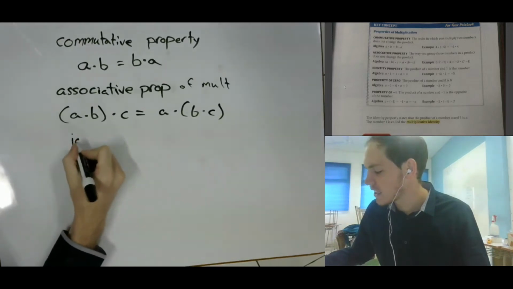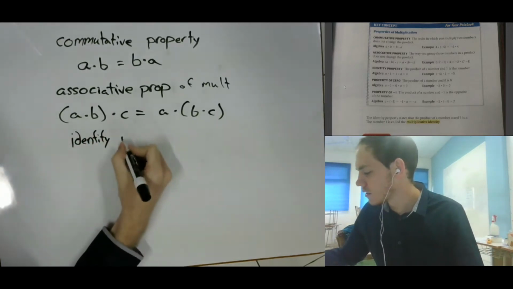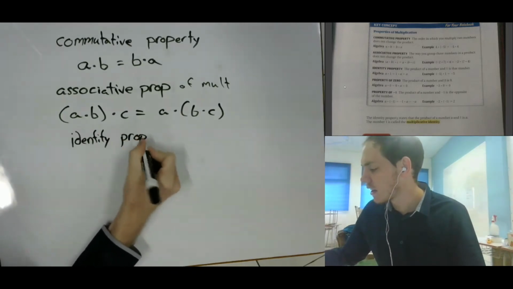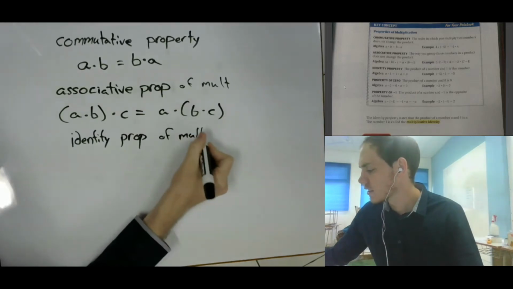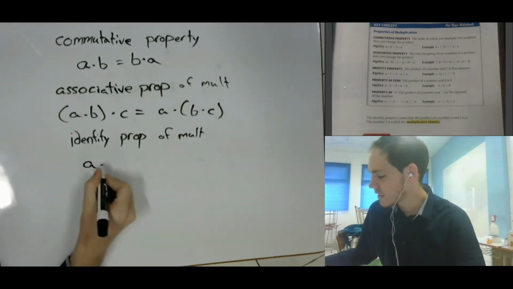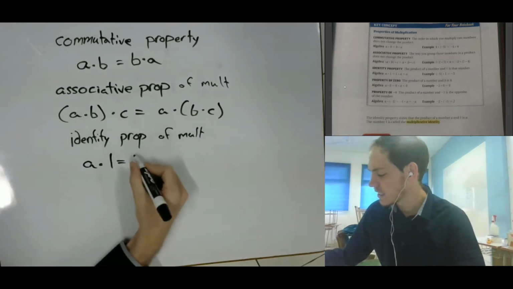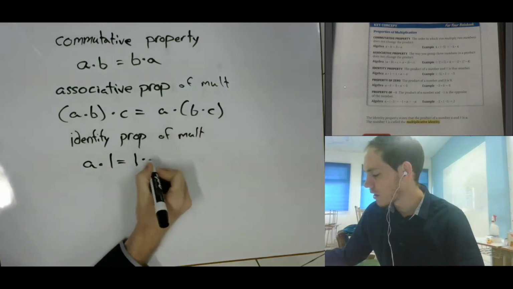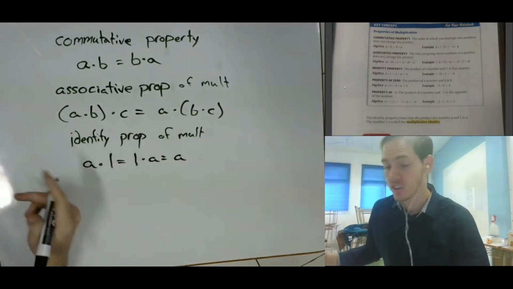Okay, we have identity property. Now again, this is of multiplication. Okay, the identity property: the number that's the multiplicative identity is actually 1. And you might be like, yeah, I know that. But just so you know.